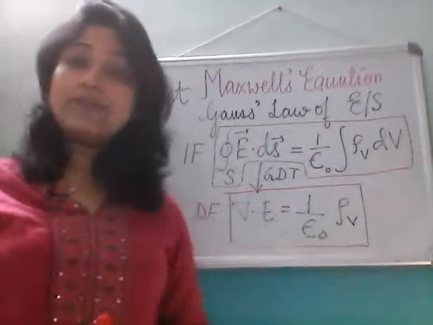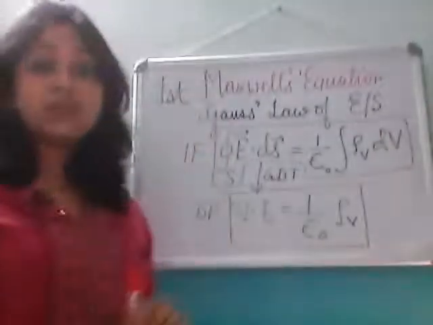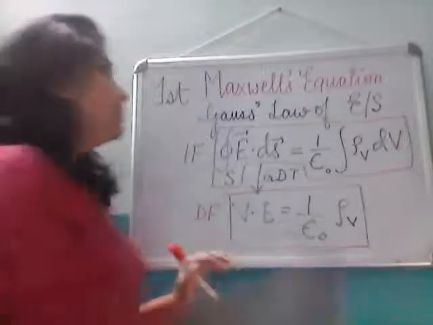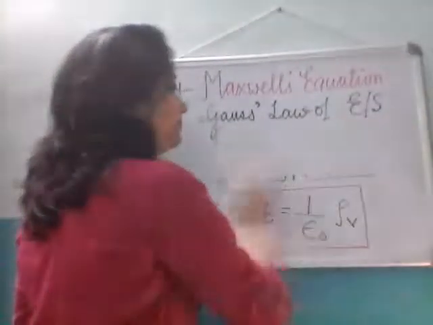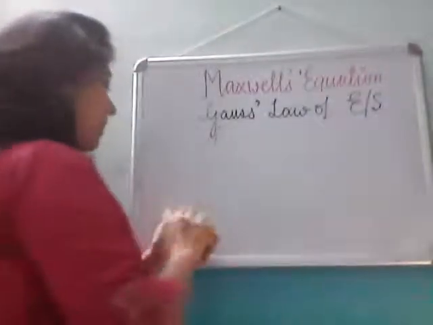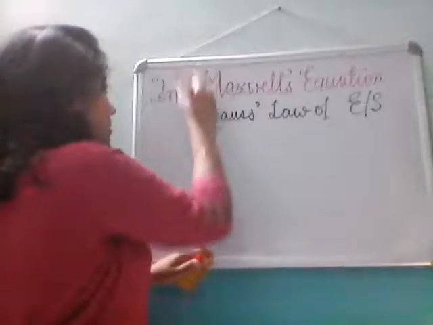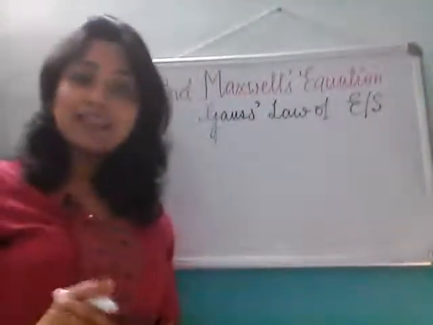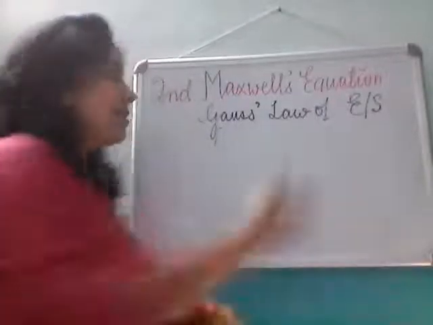So now it is time for us to go forward and talk about the second Maxwell's equation. And when I talk about this second Maxwell's equation, it again brings us to Gauss's law.